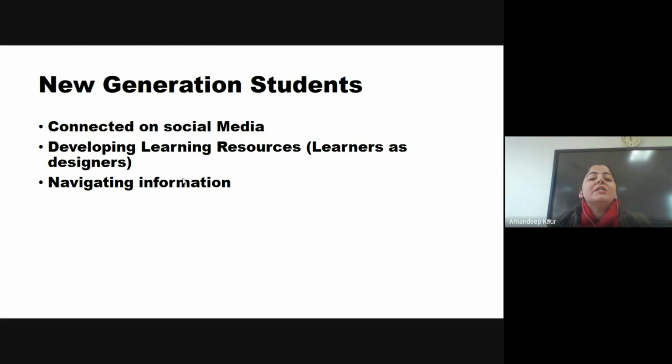So information is flowing, students are acting as freelancers, and they are helping each other not only in the development of content but also in understanding information related to their subject matter. So when we say new generation student, this is their demand.